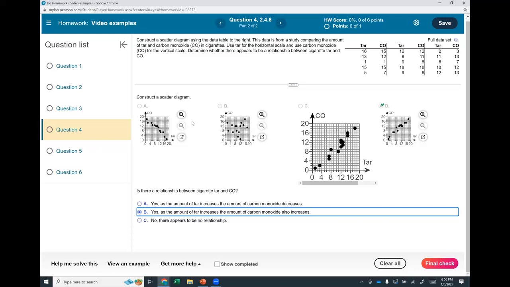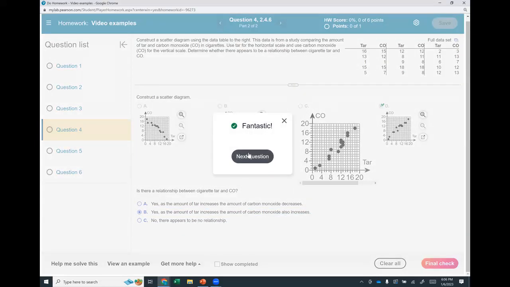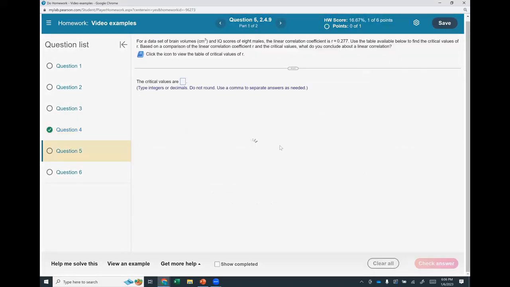Okay, so that's not what I meant to do, but why not? Let's save this next problem for a minute, because I was going to do something else.